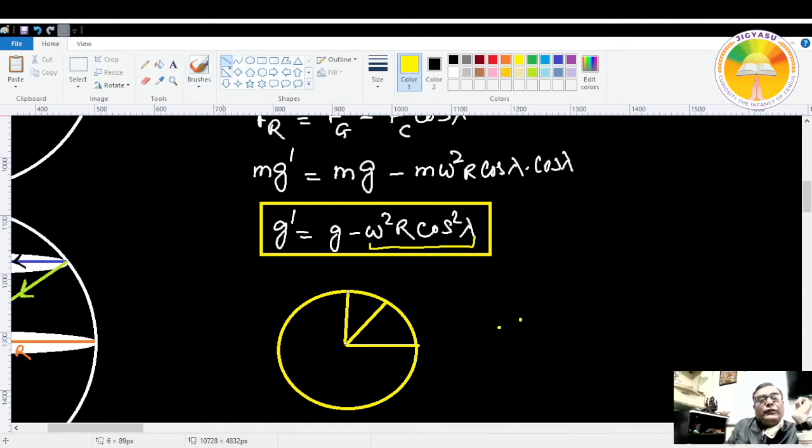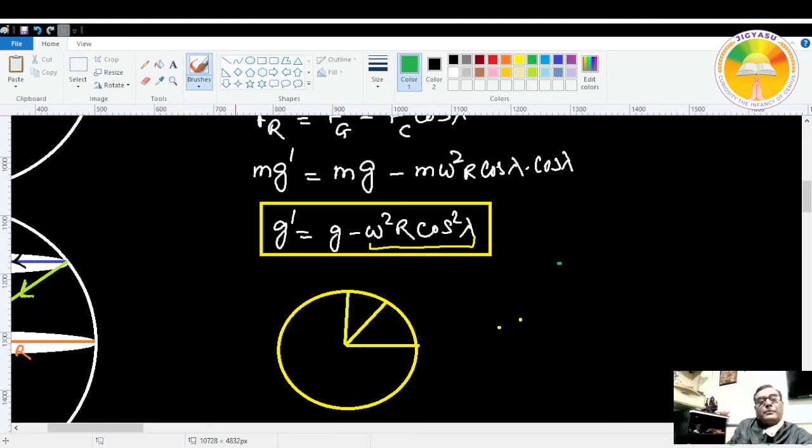So if this side is here, it is 0, it is lambda here, and if it reaches here, the vertical position, it is 90 degrees.